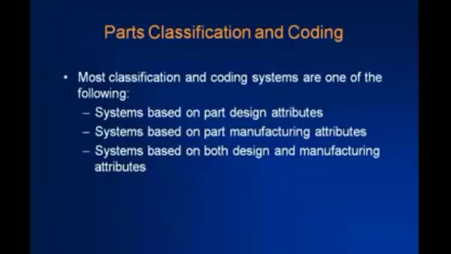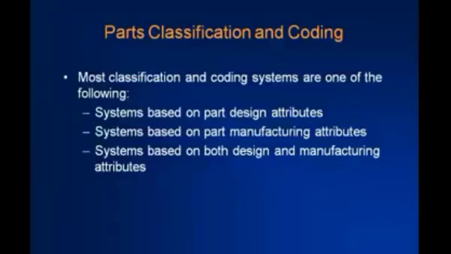Most classification and coding systems are one of the following: systems based on part design attributes. So if you are doing the coding system, then we should know what the part design attributes should be. It could also be based on part manufacturing attributes, that is, which manufacturing attributes and characteristics are required in the manufacture of this part.